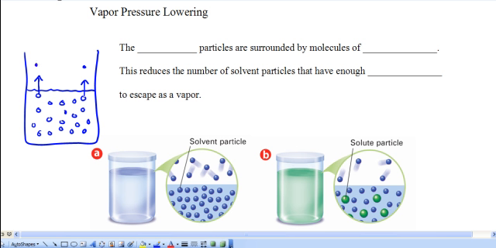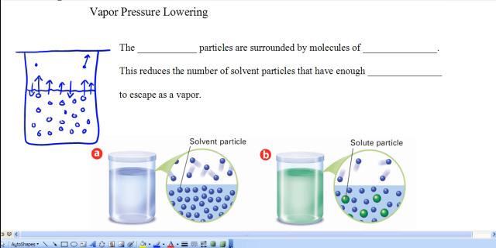All right, and if we put a lid on that, these particles are going to bounce around off the walls, and eventually they're going to crash back into the solution. Well, what happens is there's an equilibrium where so many particles go into the vapor phase, and so many particles crash back into the liquid phase.